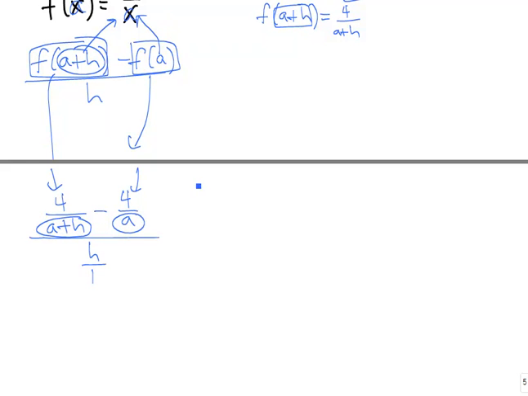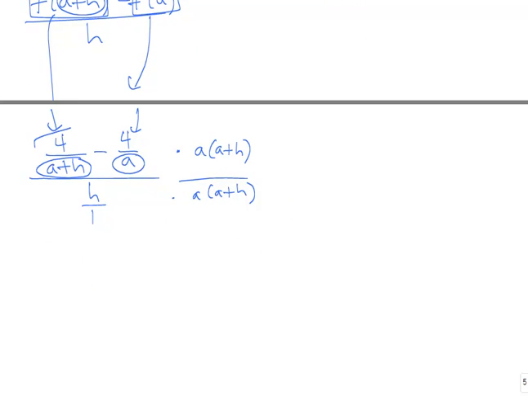So when we simplify complex fractions, we write down our common denominator, which was the a times the a plus h, and we multiply by that on the top and also on the bottom. So if we do that, for this first fraction, when I multiply 4 over a plus h times that common denominator, the a plus h factor cancels out, and we're left with this 4 times that a, so we have 4a.